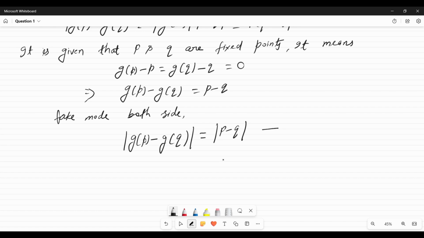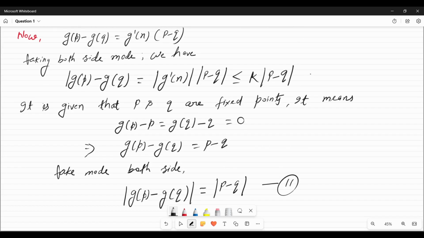Let this be the second equation, and the earlier one is the first.